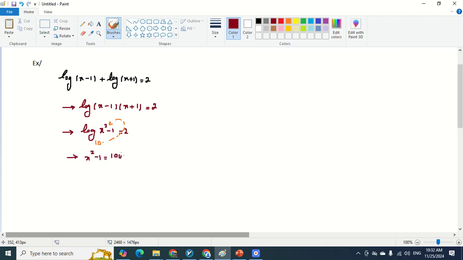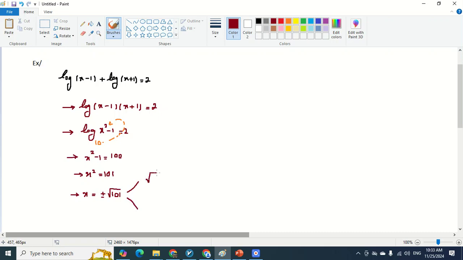If you just shift 1 to the right side, then x squared will be 101, and right now by taking the roots from both sides you can find the value of x. It means that x should be equal to plus and minus root of 101. Care about the plus and minus over here. For a quadratic equation you should have two real value answers, and the delta is positive over here.